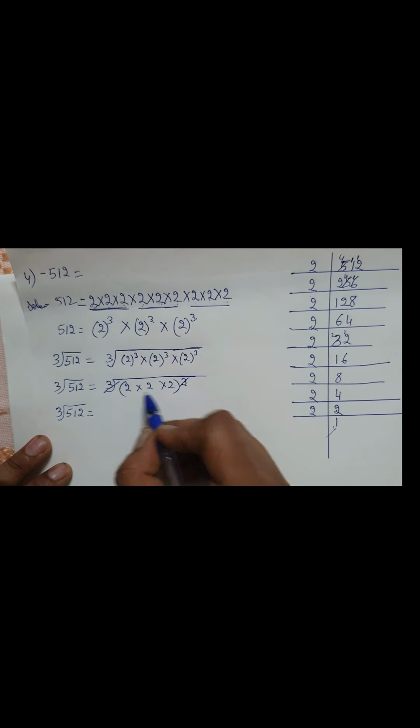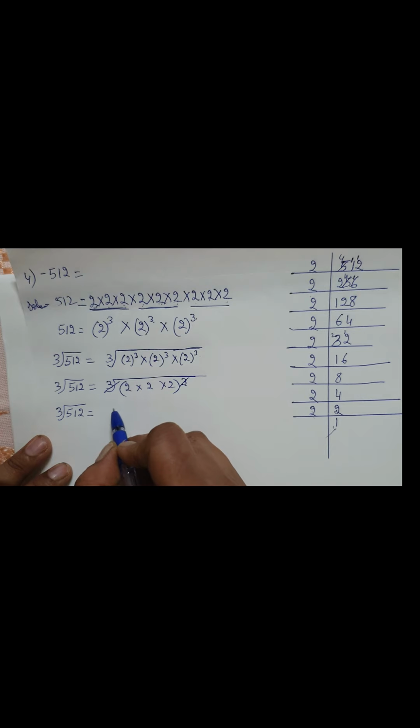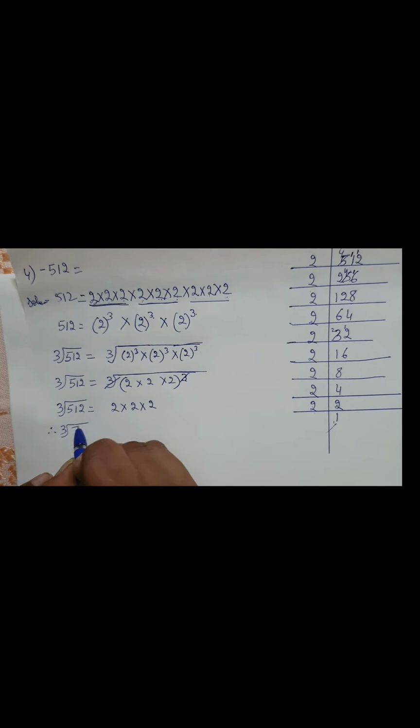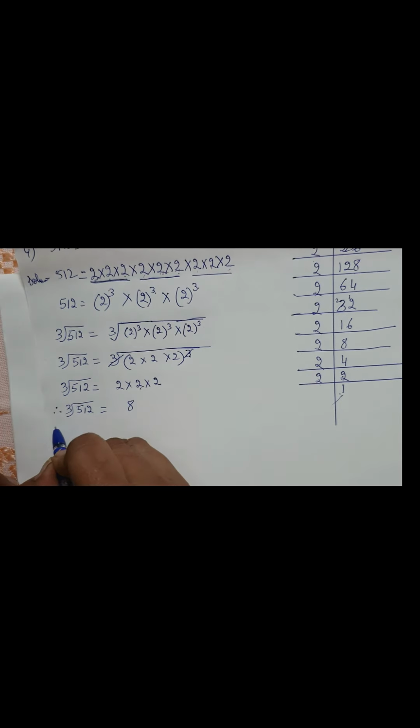So we have to remove these numbers out of the bracket. So 2 multiplied by 2 multiplied by 2. Therefore, cube root of 512 is equal to 2 2s are 4, 4 2s are 8.